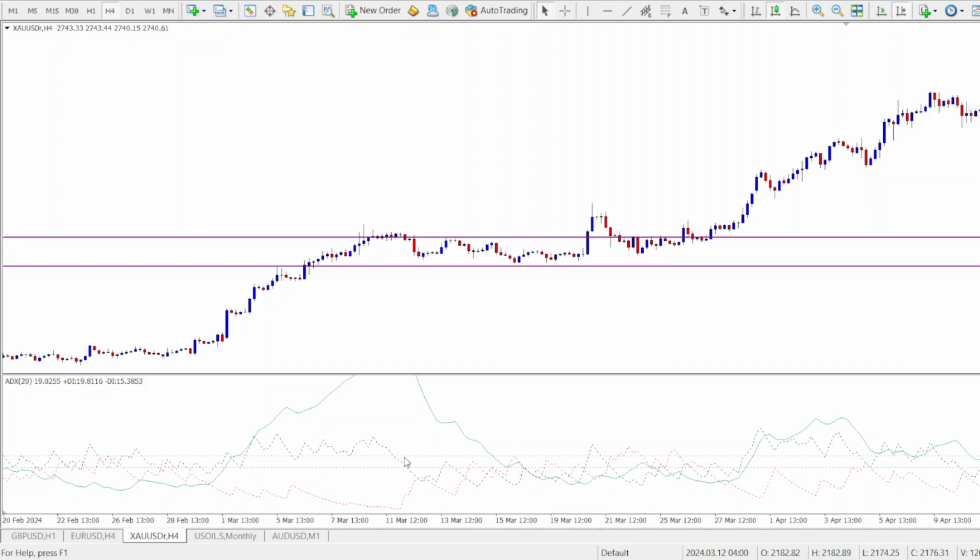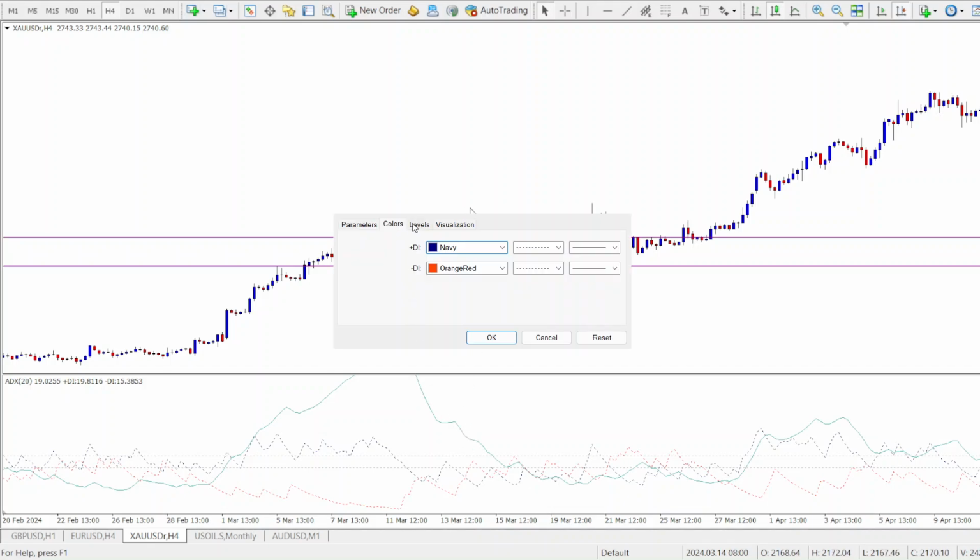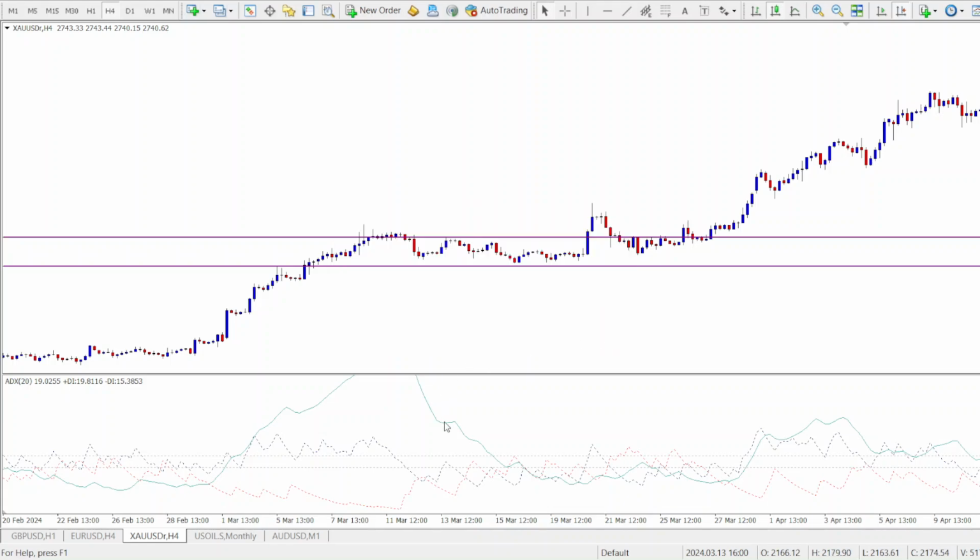So if the plus DI line is above the minus DI, and the ADX, this light sea green line, this is the ADX line. So when you have the plus DI above the minus DI and the ADX is above 25, you are looking for a potentially strong uptrend.